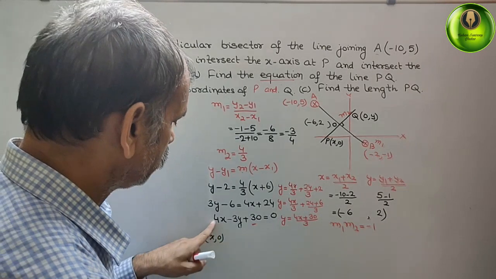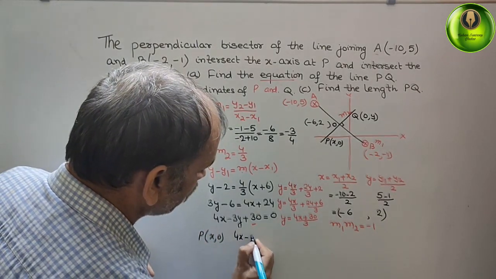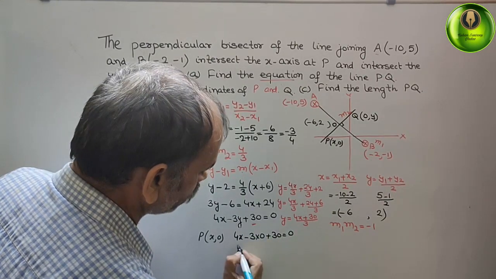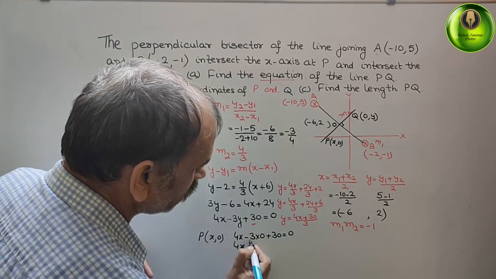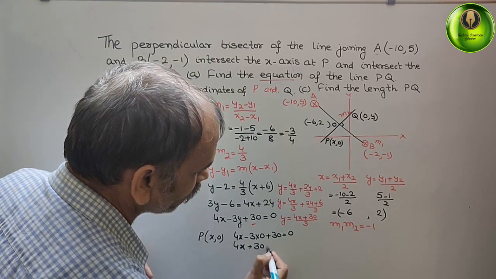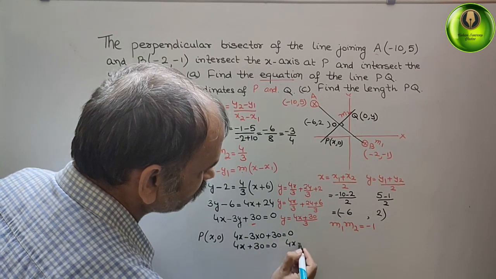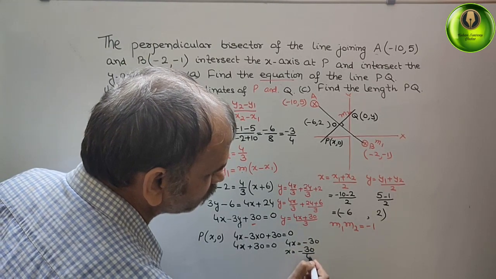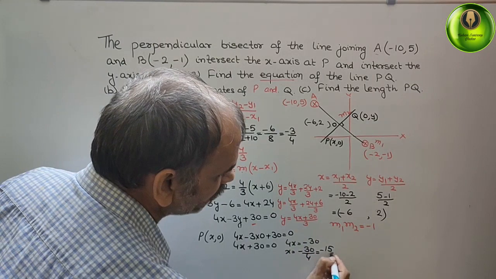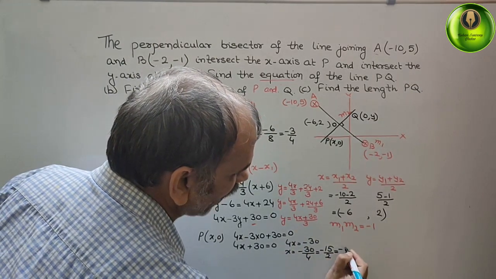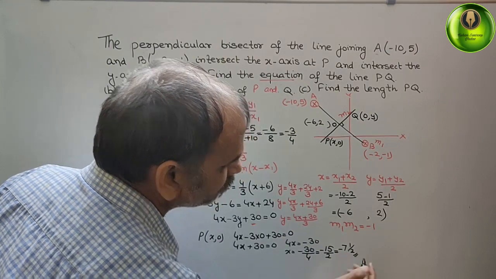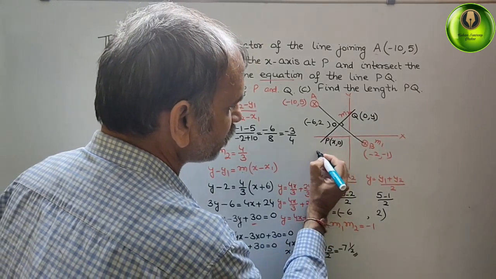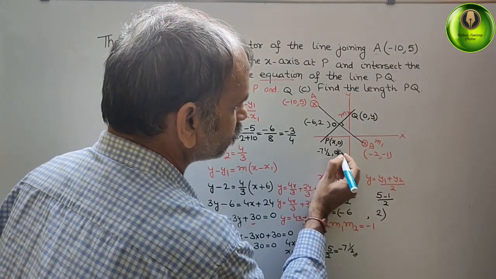So 4x minus 3 into 0 plus 30 is equal to 0. So you will get 4x is equal to minus 30, so x is equal to minus 30 by 4, that is equal to minus 15 by 2, or you can write it as minus 7 and a half. This is your x value. Therefore the coordinates of P are minus 7 and a half comma 0.